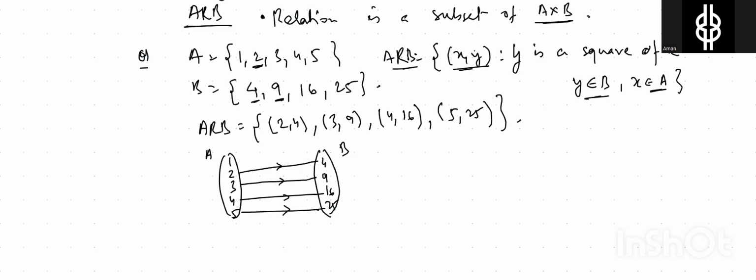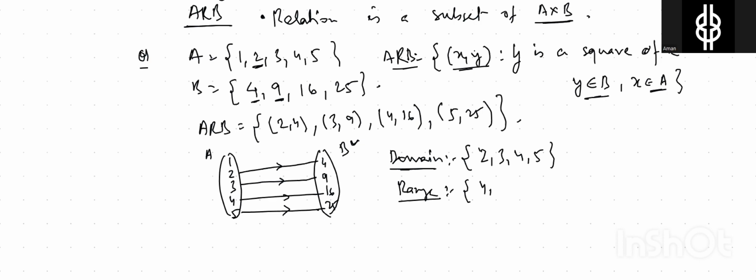Now very quickly, if we want to write down the domain of this, domain is nothing but all the elements that we are using from the first set, which is 2, 3, 4, 5. What is the range? All the elements which we are using from B. So we have a relation of 4, 9, 16, and 25.